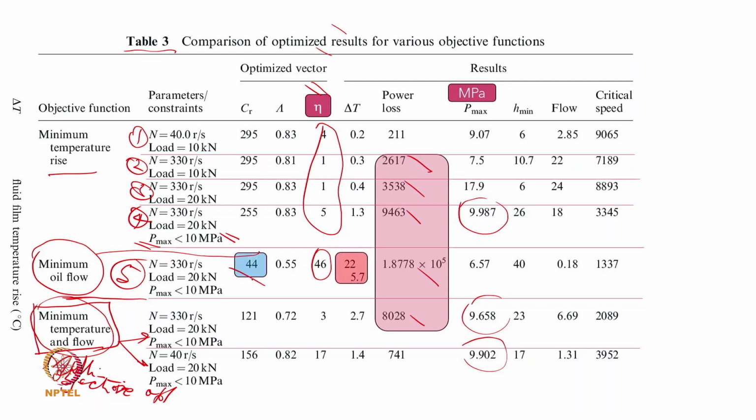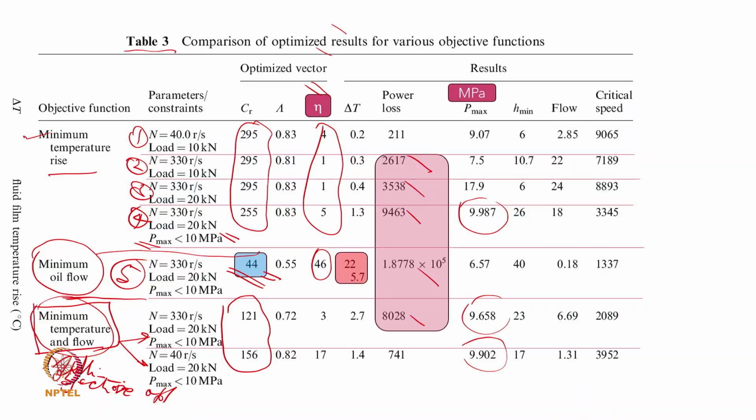And you can see another thing: whenever we are going for minimum temperature rise, we are getting maximum clearance. Clearance should be increased because the flow rate will increase. However, when we are talking about the minimum oil flow, the clearance comes almost on the lower side. When we are combining multi-objective, the clearance comes somewhere in between.